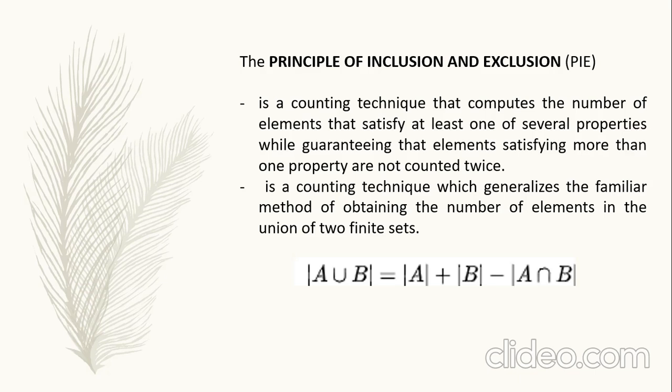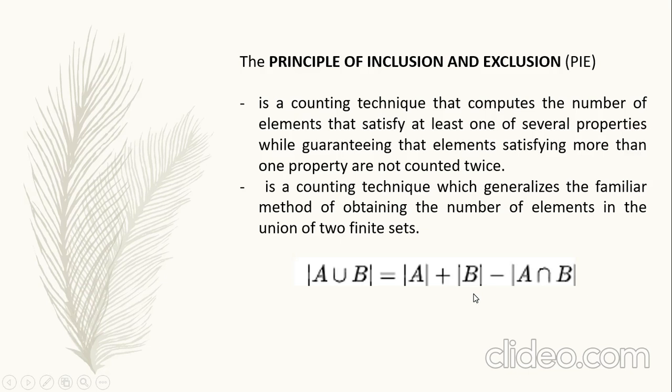So for example, you have sets A and B, and you are going to get the elements of A and B. For A I have 1, 2, 3, and for B I have 2, 3, 5. If I'm going to have the union of it, I will have 1, 2, 3, and for B also 2, 3, 5.